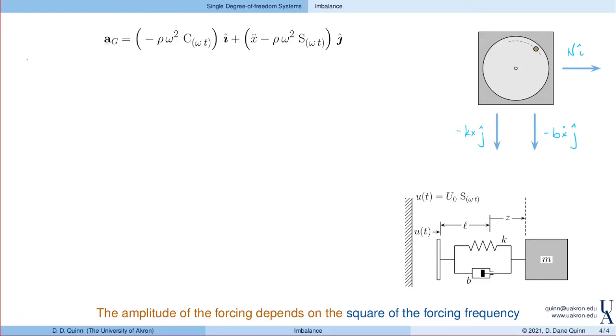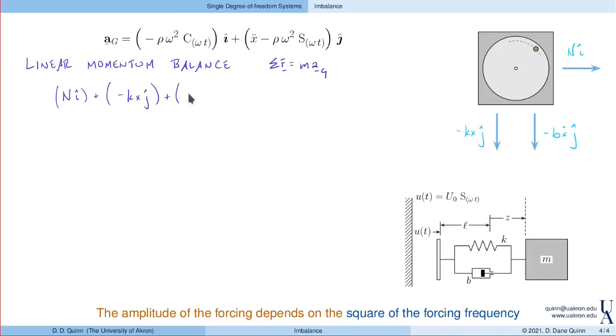So let's apply linear momentum balance. That is, the sum of the forces equals mass times acceleration of the mass center. And again, this has to be of the mass center, it can't be just the center of the disk. So, what are the forces? Well, we have n in the i direction, the spring force minus kx in the j direction, and the damping force minus b x dot in the j direction.